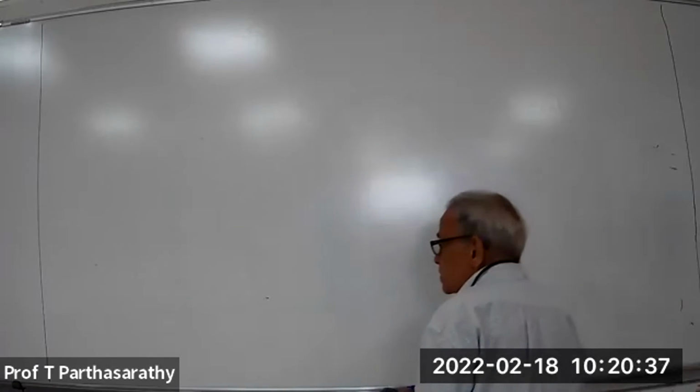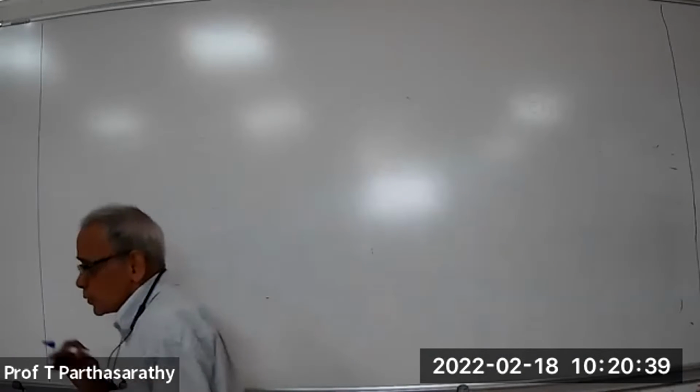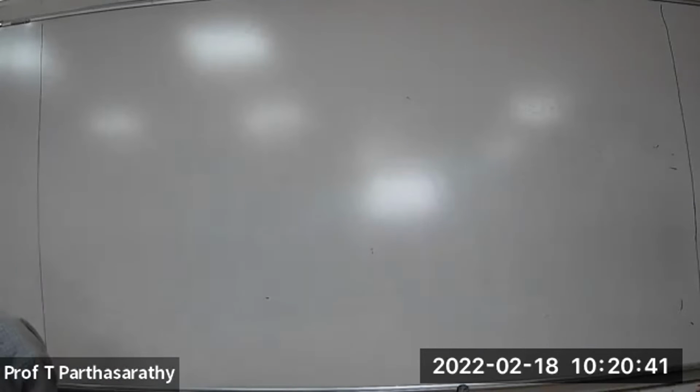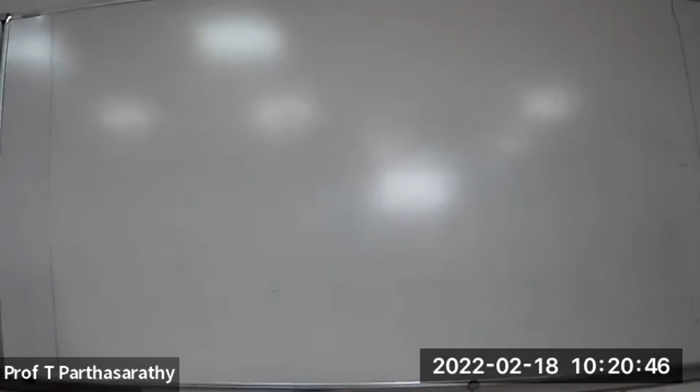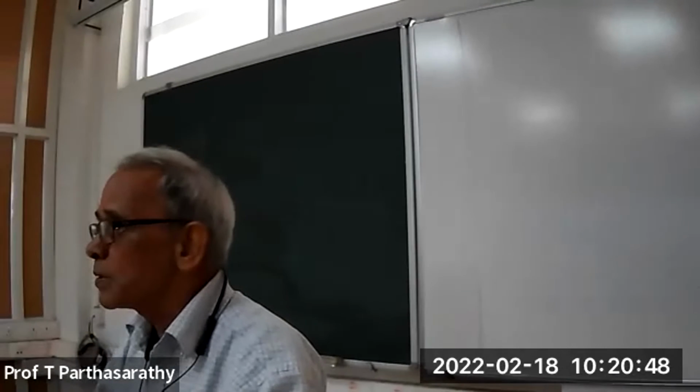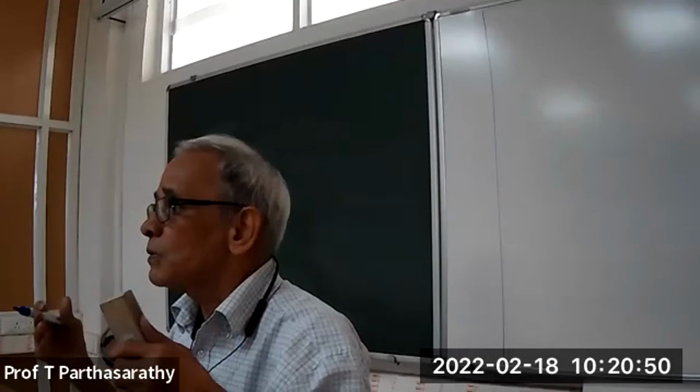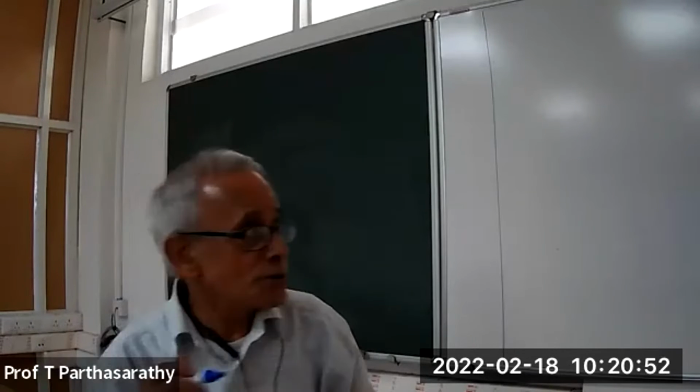Now I'm going to simply tell you the beautiful analysis of this problem from the linear programming point of view. This can be posed as a very simple LP problem, and that's what was done by George Dantzig.